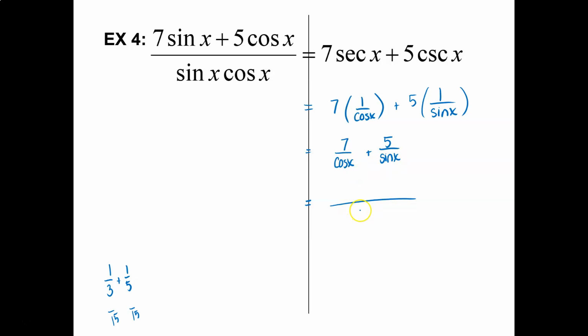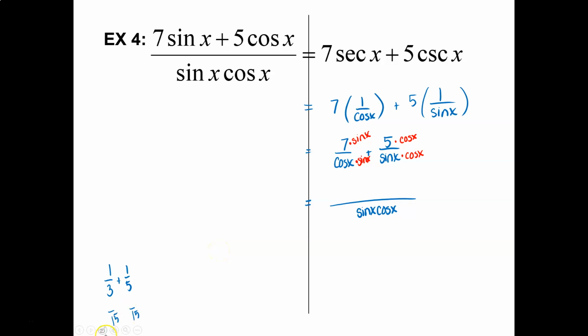So we would have to have sine x cosine x, which means, I'm going to do this in a different color, I need to multiply this fraction by sine x on top and bottom. And I need to multiply the second fraction by cosine x on top and bottom.